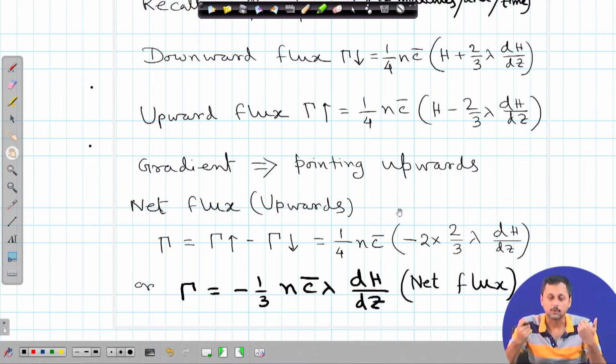We are going to talk about thermal conductivity, which is where, if there is a temperature gradient present, how heat is transferred from one layer to the other, and third is diffusion, when there is a density gradient present. So, up to this point H has been very generic. Now, it is time to be specific.